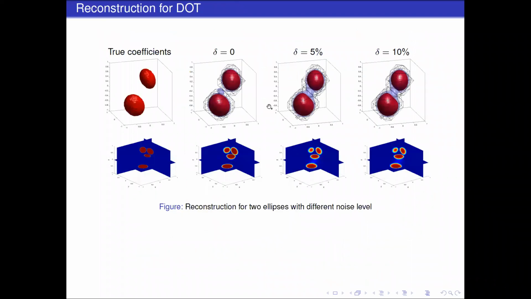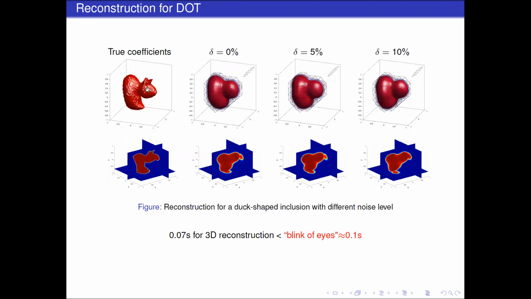Okay, so the reconstruction is still very good. If we have 2 ellipsoids, the reconstruction is quite accurate and also very robust with respect to large noise. We also try some different shapes, for example this dog.